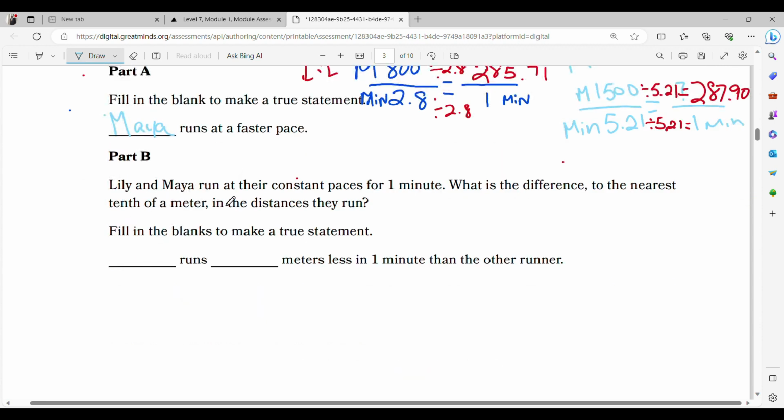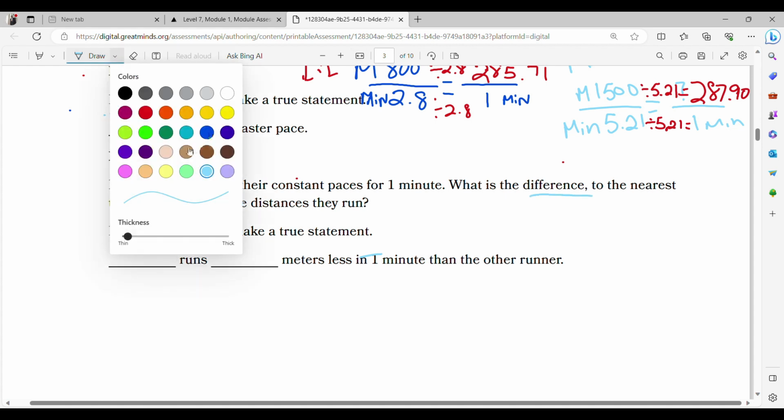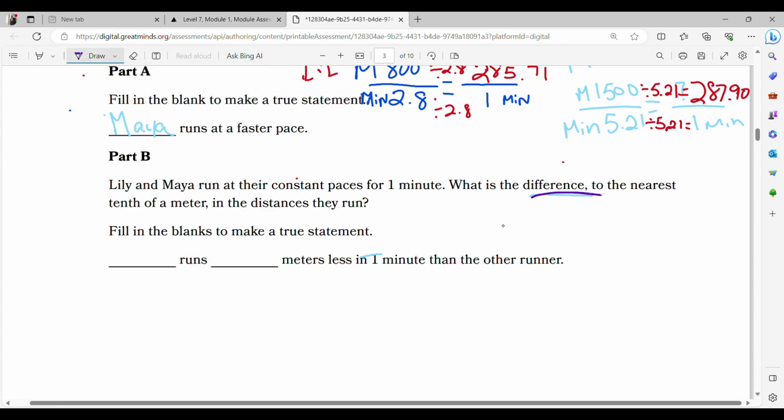All right, so Lily and Maya run at their constant paces for 1 minute. We just did that. What is the difference? Let me stop using Maya's color before she starts yelling at me. What does difference mean? Difference means subtract.